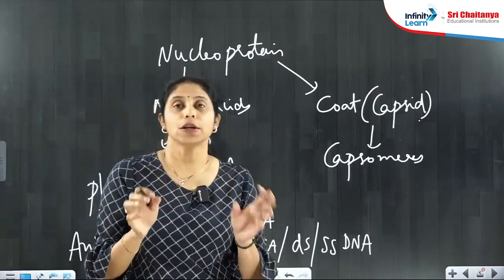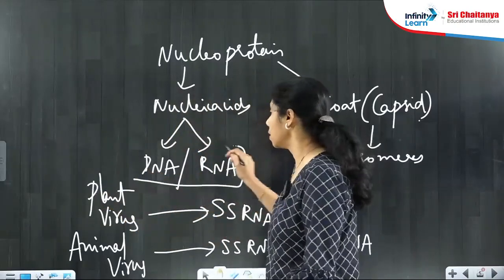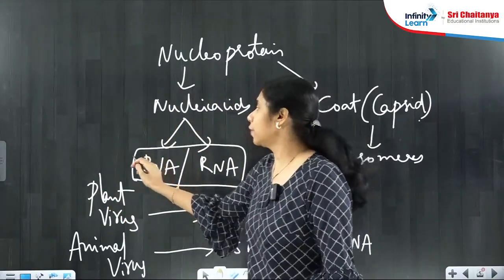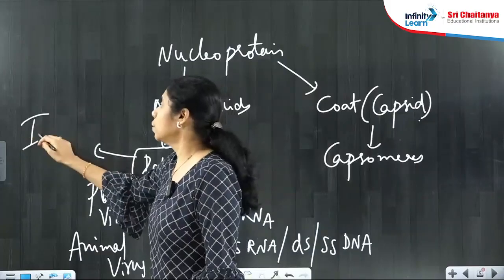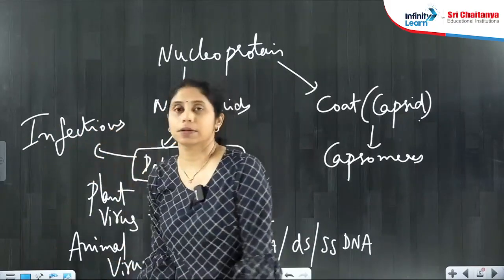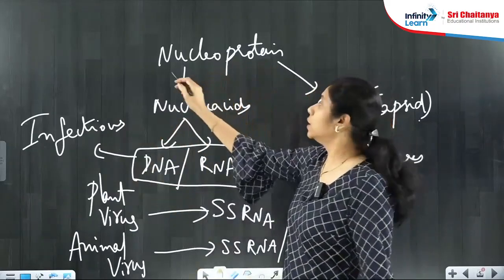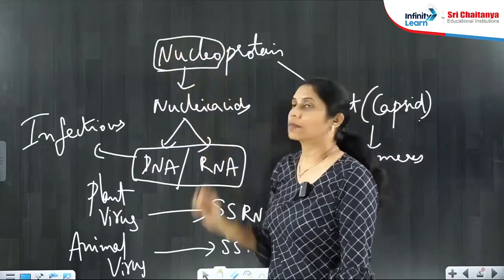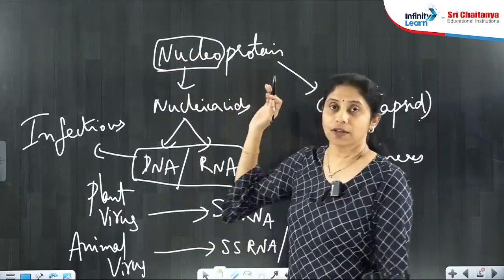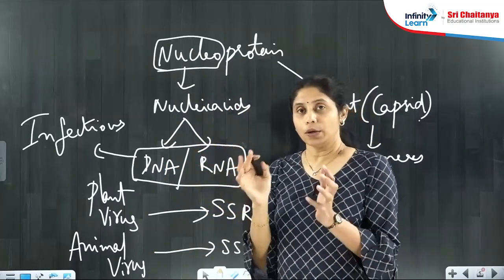In the center, the nucleic acid is the genetic material that causes multiplication. Nucleic acids are infectious because they form new virus particles. So the infectious component among these two is the nucleic acid, not the proteins. Proteins cannot cause any viral infection; only nucleic acids can.